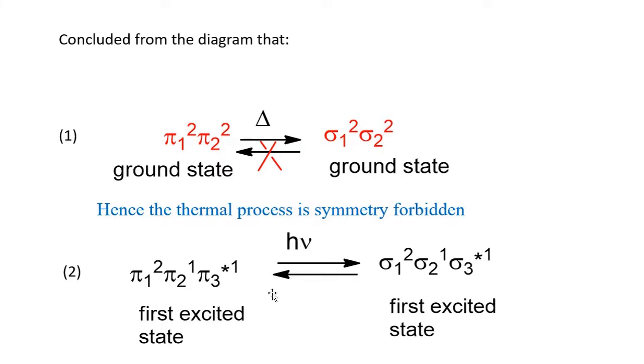The symmetry properties are correlating here. This indicates the electron gets excited, and excitation takes place during the photochemical process. So the 2 plus 2 cycloaddition is thermally forbidden and photochemically allowed. That is the analysis of the 2 plus 2 cycloaddition reaction by the correlation diagram method.